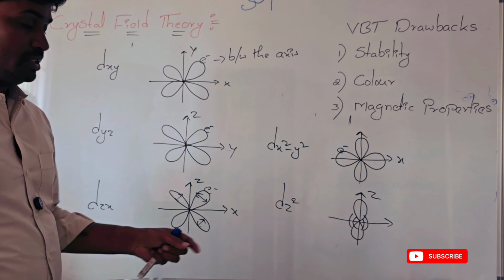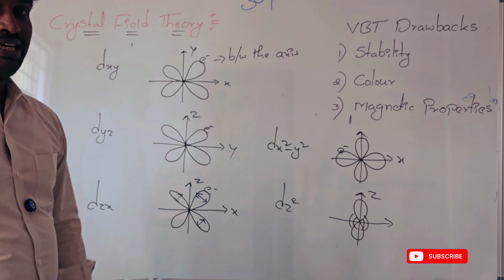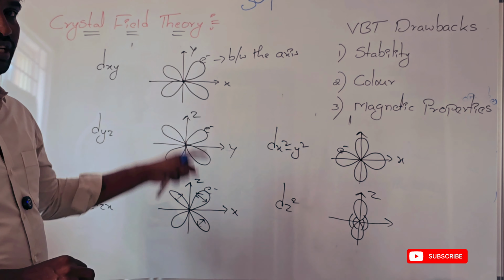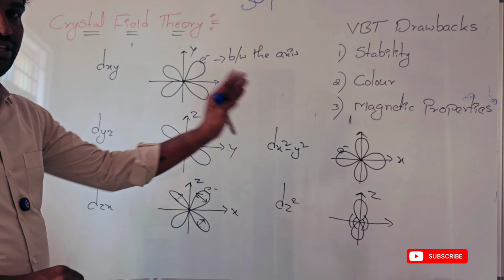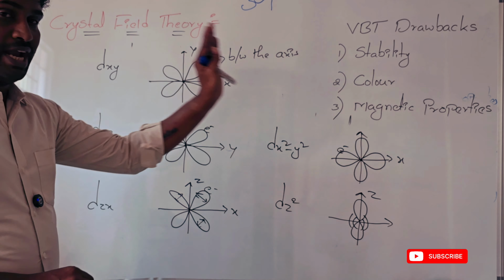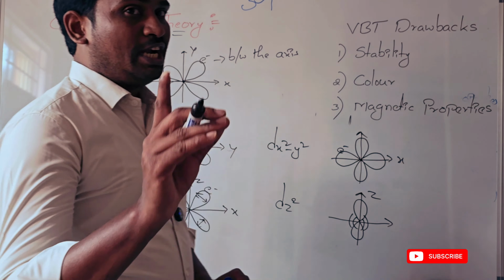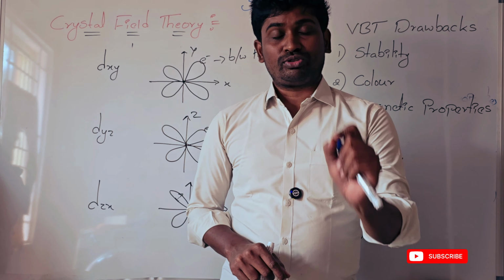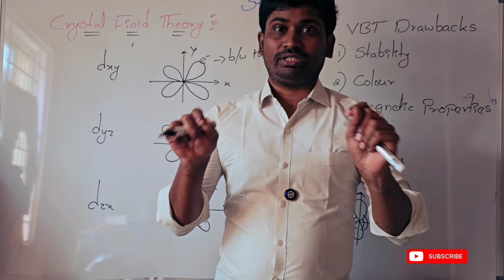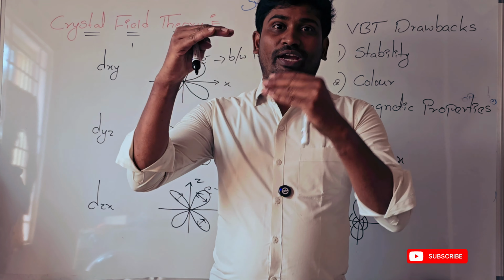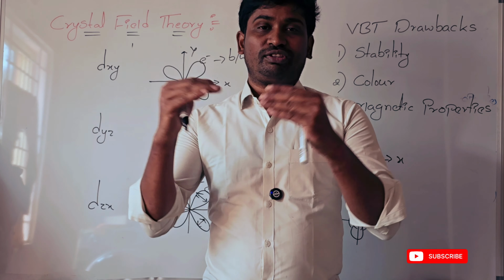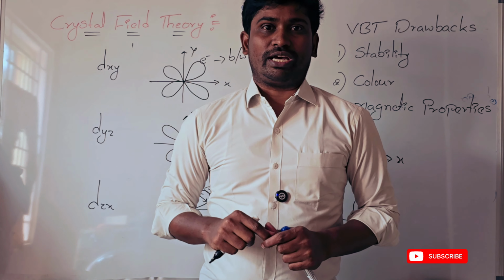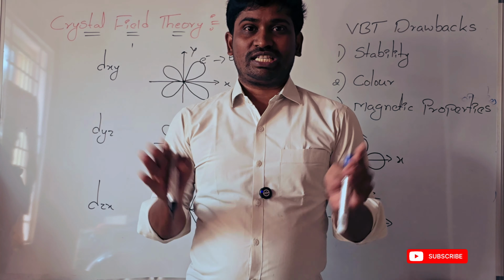The metal's 5 d orbitals are divided into two sets, t2g and eg. Whether the ligand approaches along the axis or between the axes, the splitting of the 5 d orbitals depends on that. Why does the splitting happen? Because the metal d orbitals have electrons and the ligand also has electrons, repulsions exist between them.